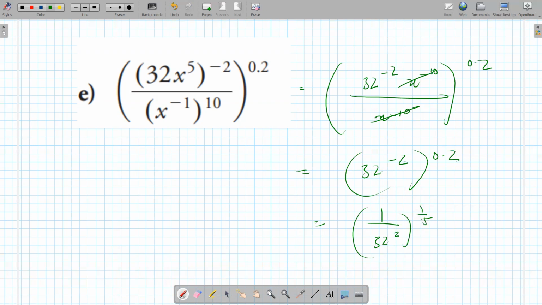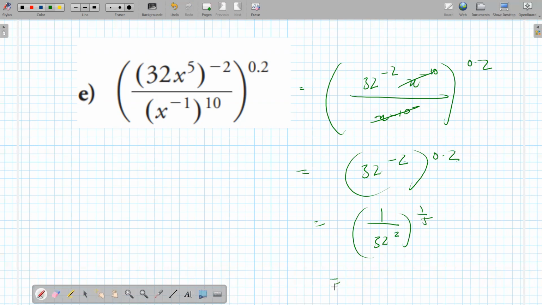Now, if you throw that 1/5 inside, what do you get? Doesn't it just turn into like the 5th root? Yeah, it does. So the 5th root of 1 is 1, so 1 is redundant. So you get the 5th root of 32, squared. Or you get the 5th root of 32 squared.